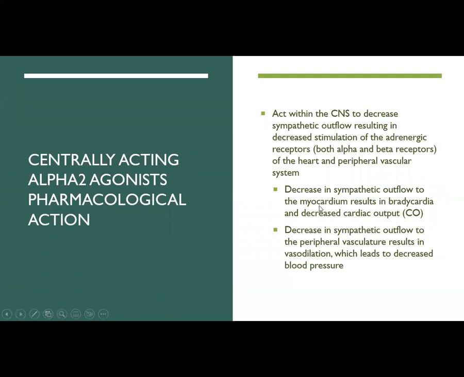So less is going to the muscle of the heart, causing that slow heart rate and decreased cardiac output, because cardiac output, if we remember, is how much blood flow we're getting from our heart. It also causes decreased outflow to the peripheral vasculature, resulting in vasodilation, which leads to decreased blood pressure, because vasodilation equals decreased blood pressure.